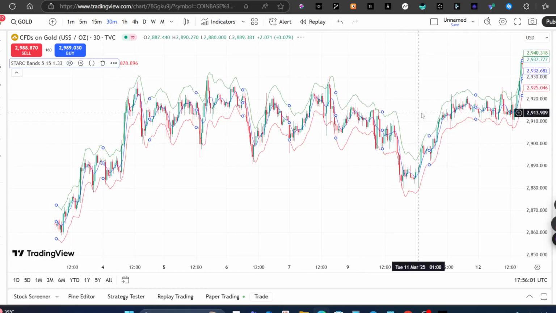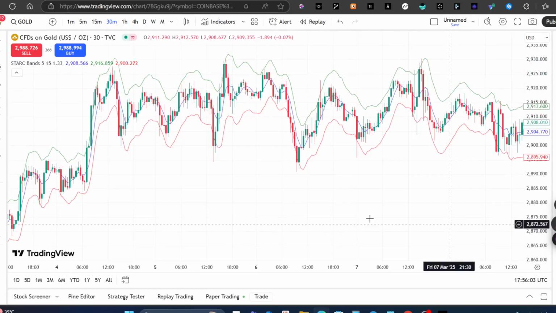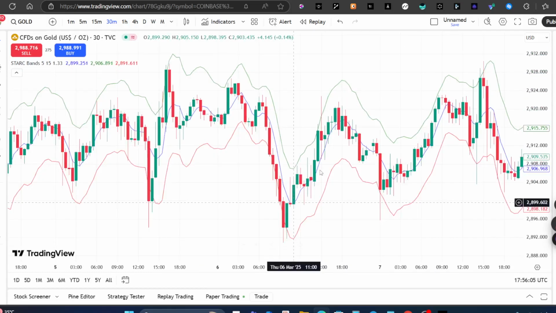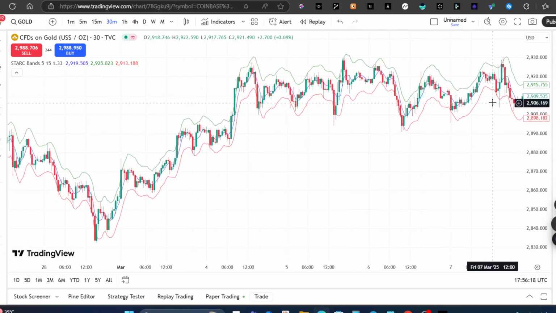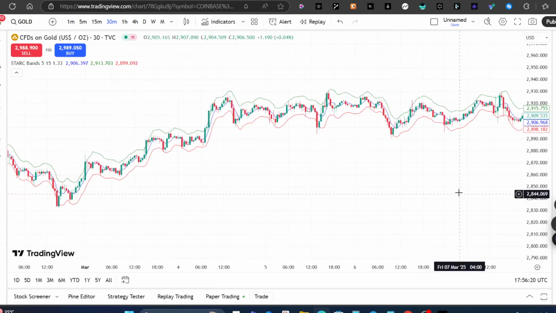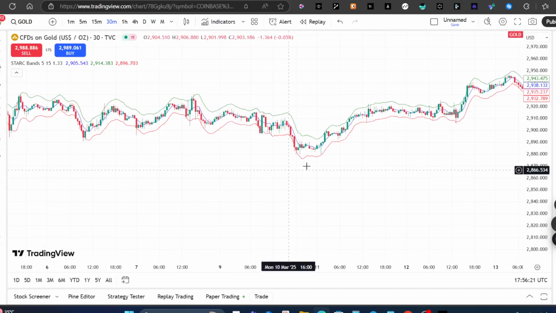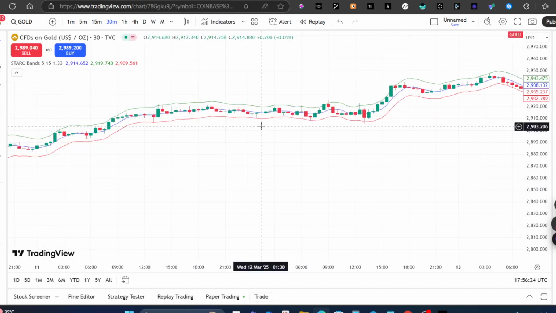Can you see what happened around here? And when volatility decreases, the bands contract. You can see what happened here. You can see how the bands contracted.